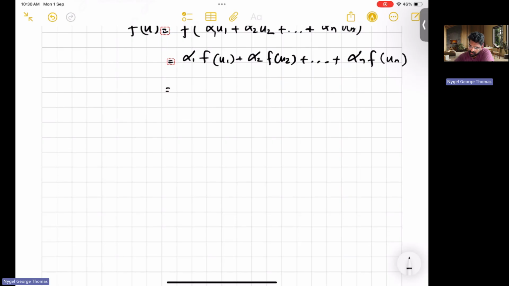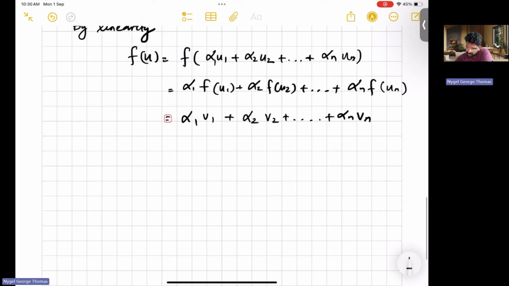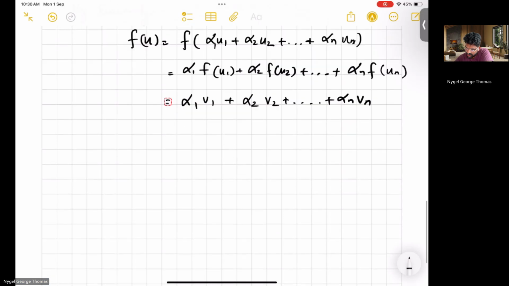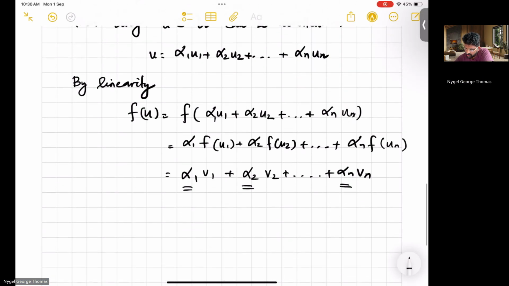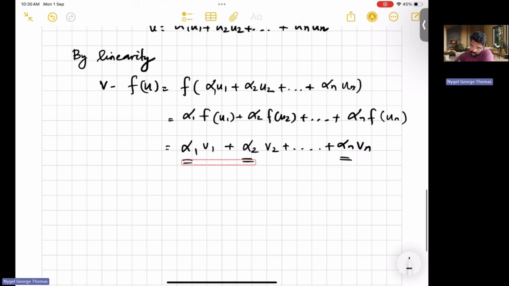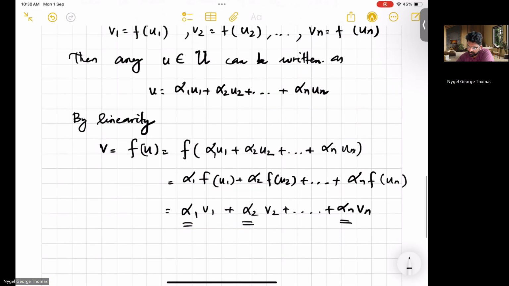But what is f of u1? This is v1. Alpha 2 f of u2 is alpha 2 v2, plus etc., plus alpha n vn. So what does this mean? See, these coefficients, let's say we have u, and we want f of u.